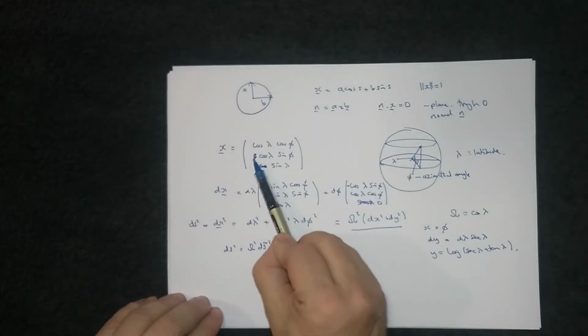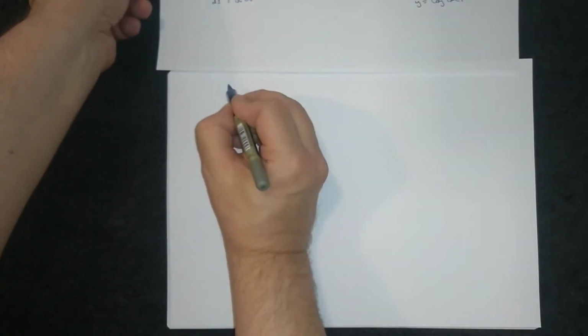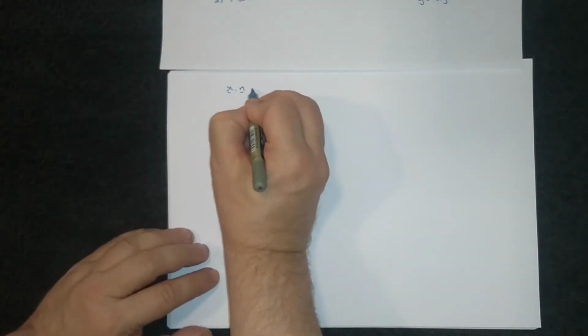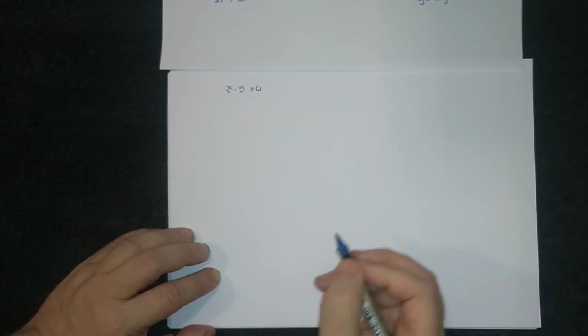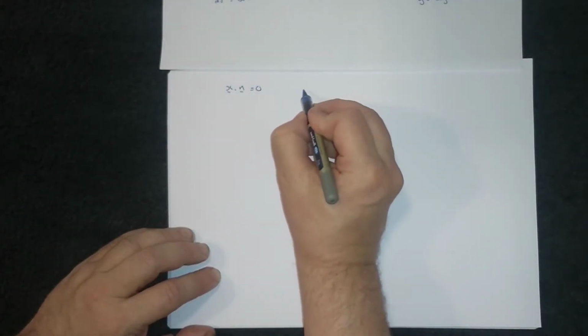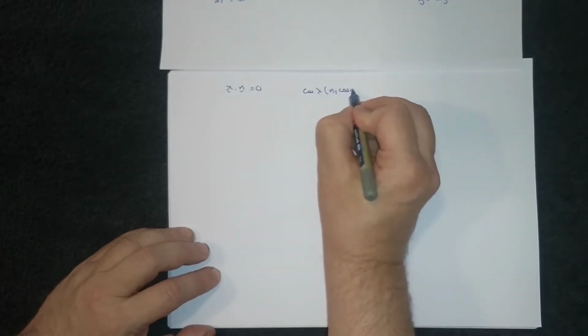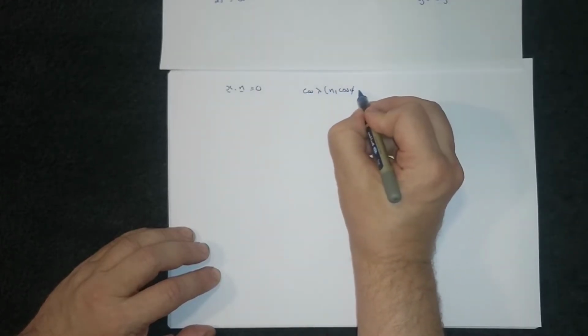Let's go back to this condition here. We have x dot n is 0. So that gives me lambda n1 cos phi.